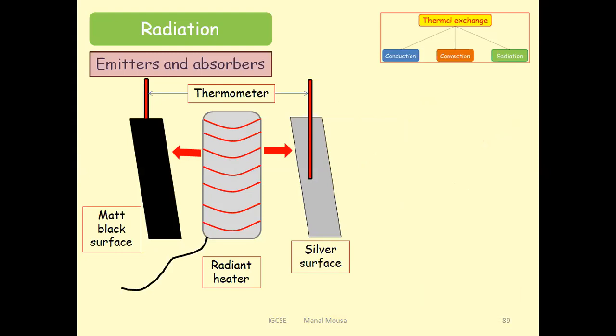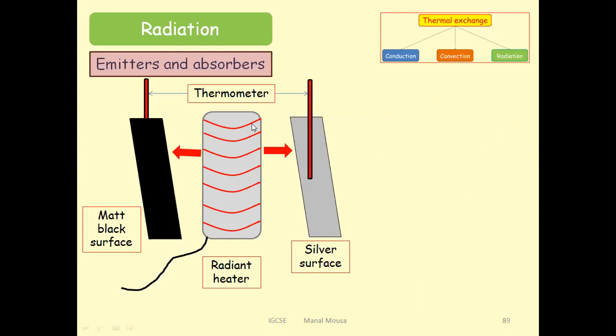We have a heater, or radiator, and we have two metal plates, one that is colored matte black, the second one a shiny silver plate. And as you see, they are placed on two sides at equal distances from the heater, and each one is attached with one thermometer.